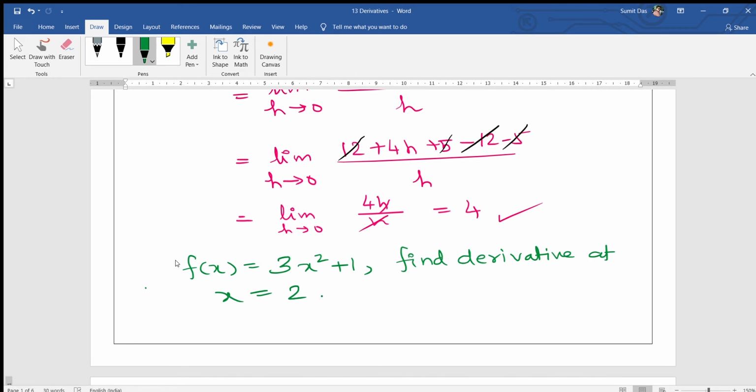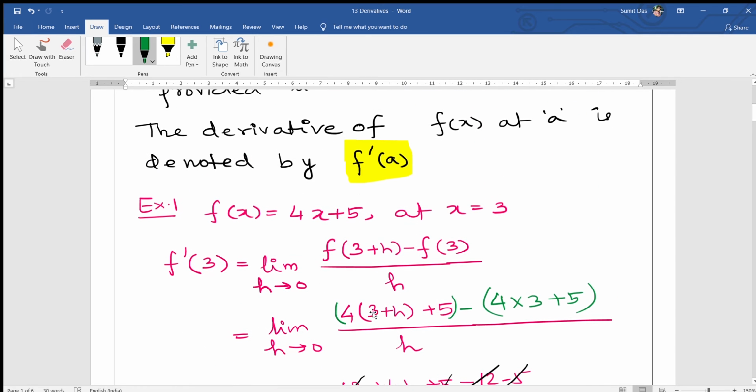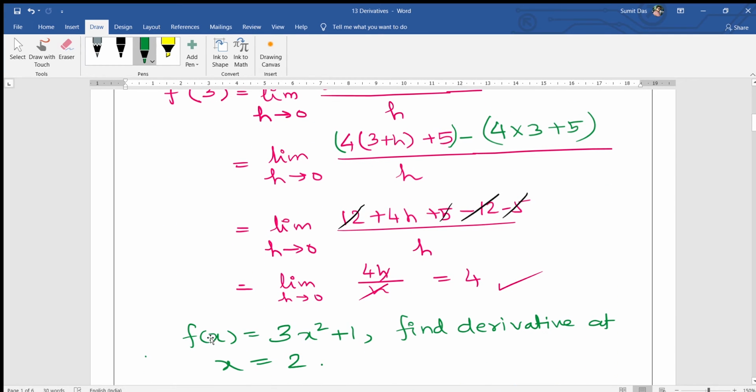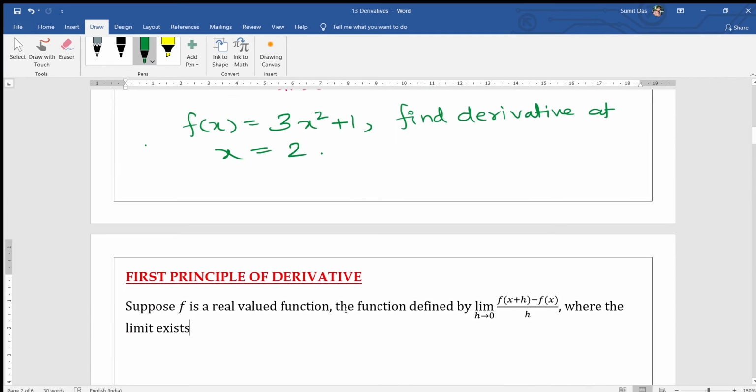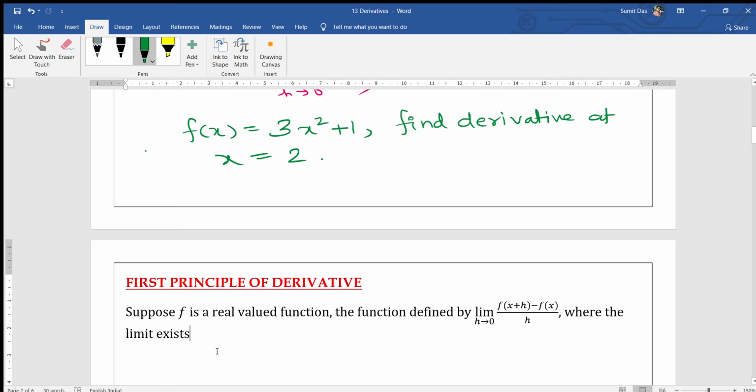If the question is clear, using this previous concept, find the derivative of 3x square plus 1 at x equal to 2. Okay, find out, and I'm writing this one. If you want, you can write the question, because writing this question will take a little time.